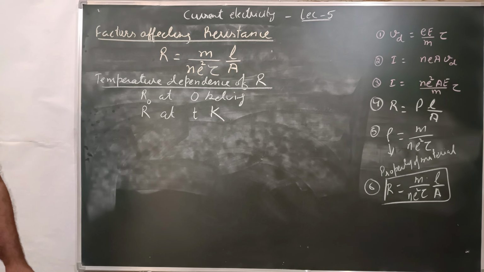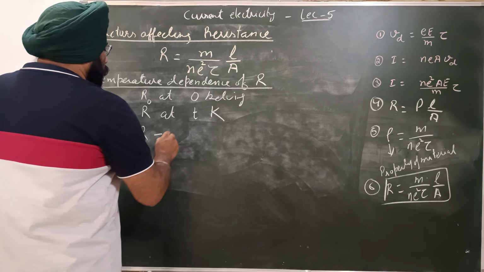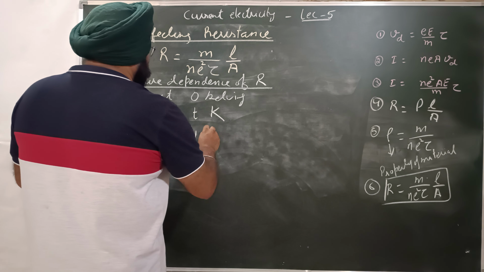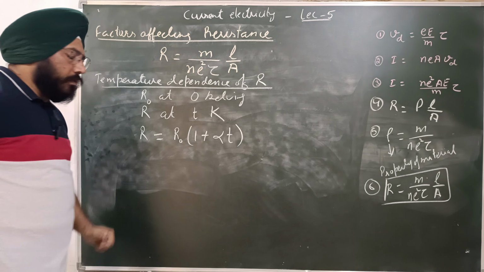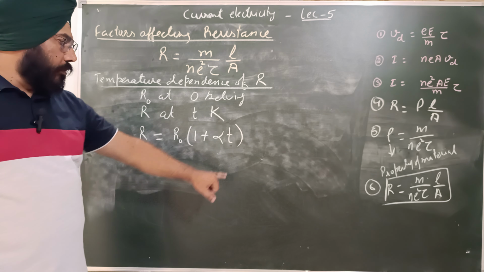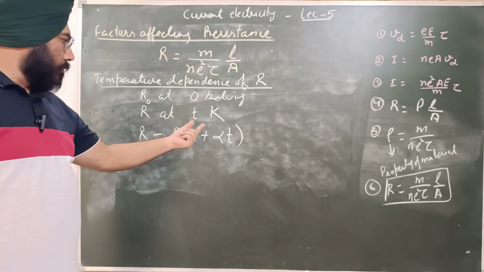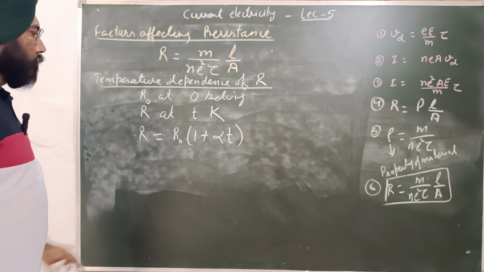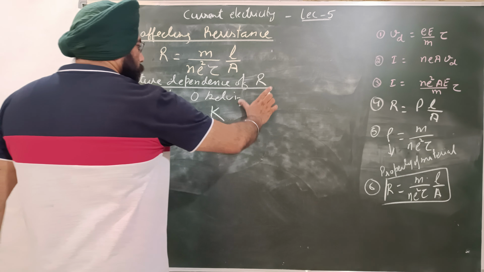It is observed that R is equal to R naught multiplied by 1 plus alpha T, where T is the temperature at which the resistance of the conductor is capital R, and R naught is the resistance at 0 Kelvin.